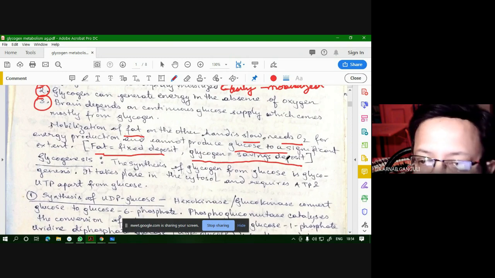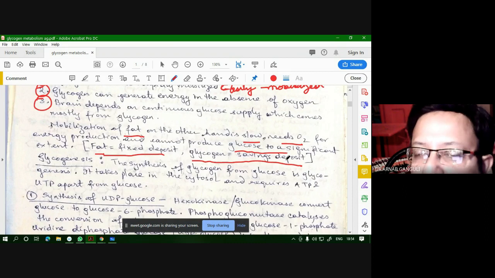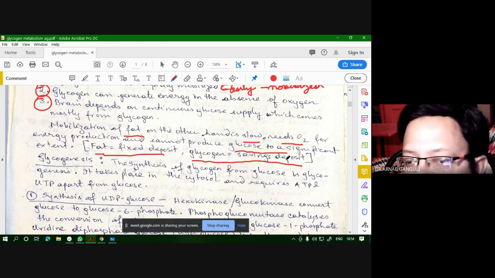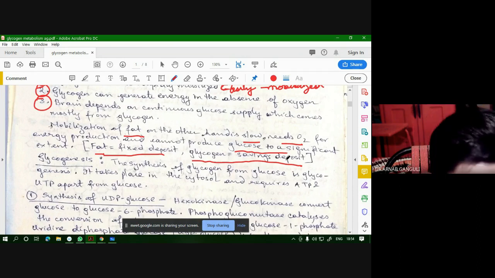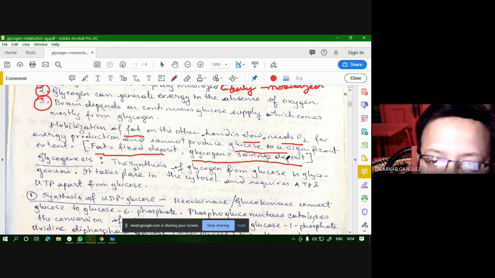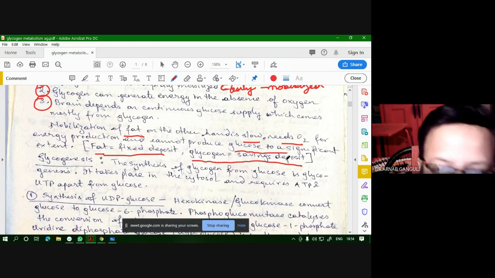But a bulk of money you keep as a fixed deposit for your future. For everyday use, you keep money in savings; for long-term interest, a fixed deposit. So in an emergency, when you're dieting and your glycogen reserves have gone very low, at that time fat is broken down.